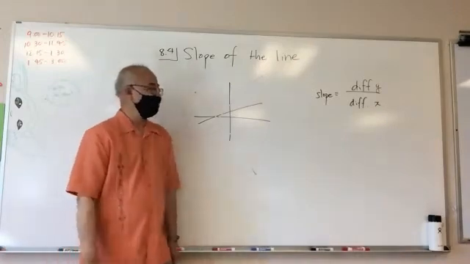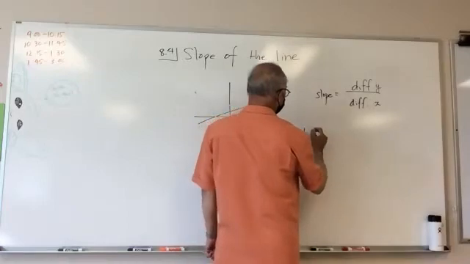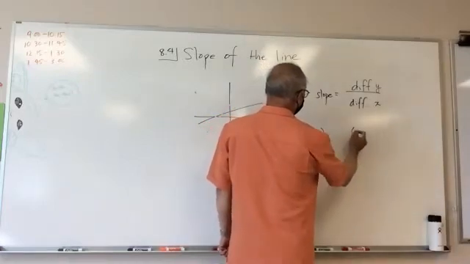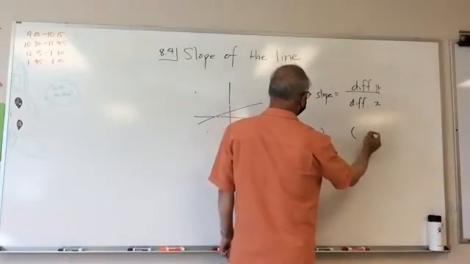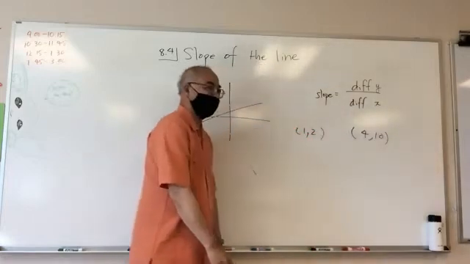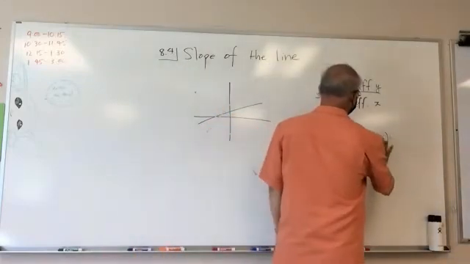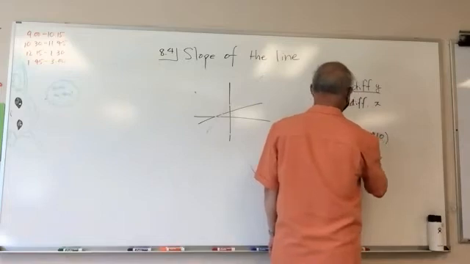Okay. So if I have 2 points, let's say one point is 1 and 2. The other point is, I don't know, 4 and 10. Let's make it 5 and 9.